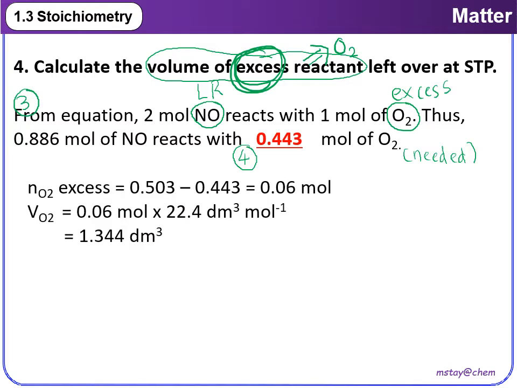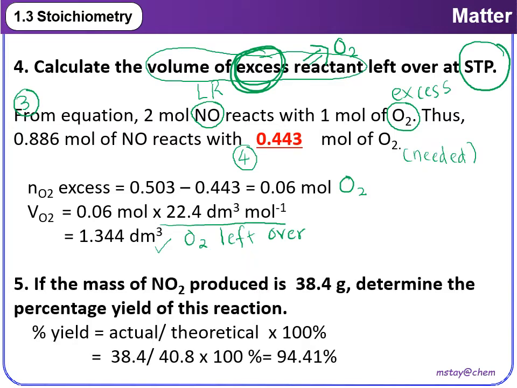After we subtract, the number of mole of oxygen in excess is 0.06 mole. Then we multiply with 22.4 decimeter cube per mole because the gas is at STP. Pressing the calculator, the volume of oxygen left over is 1.344 decimeter cube.